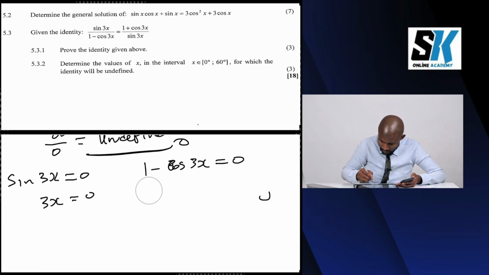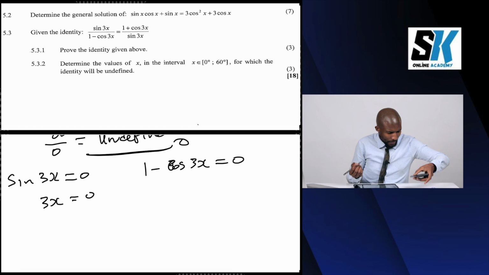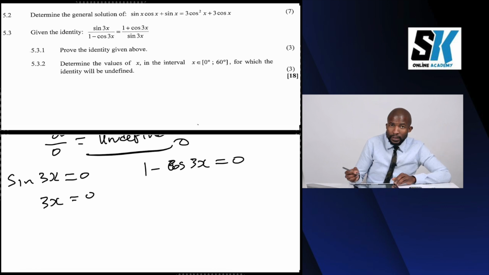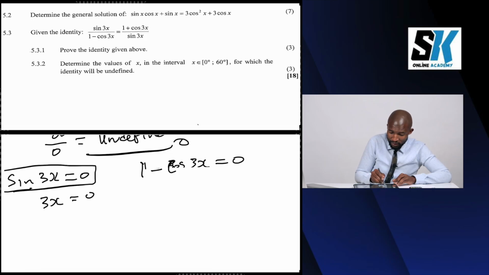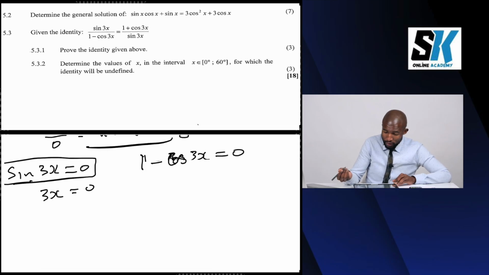Let me erase that because I wrote that twice. Since they said that this has to be undefined, our denominators have to be equated to 0. So we're done with the first denominator, which is on the right hand side. We equated it to 0, and also the other denominator has to be equated to 0.